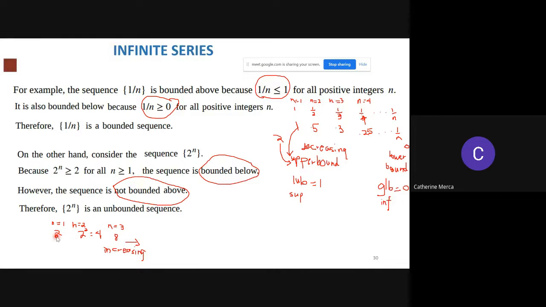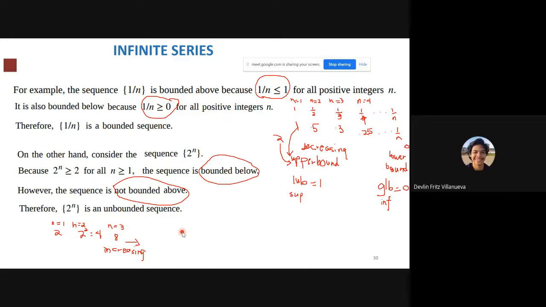Bounded siya below, pero unbounded siya above. So, we have not bounded above. Therefore, although bounded siya below, ang entire sequence is unbounded. So, for it to be bounded, dapat both bounded above and bounded below. Nasundan?